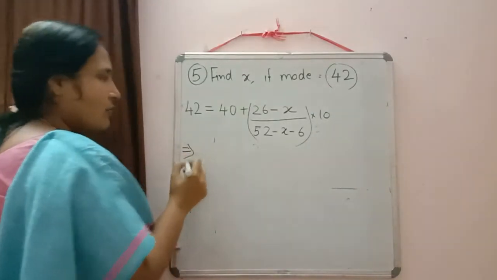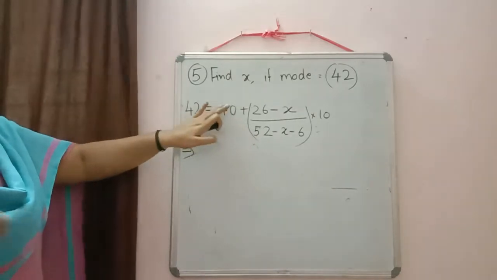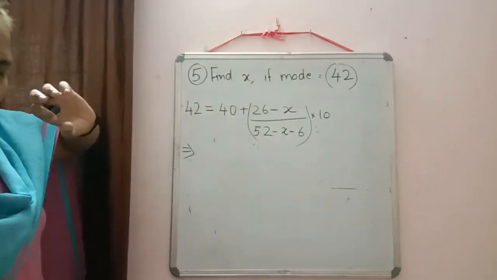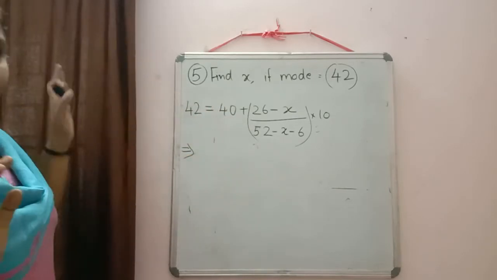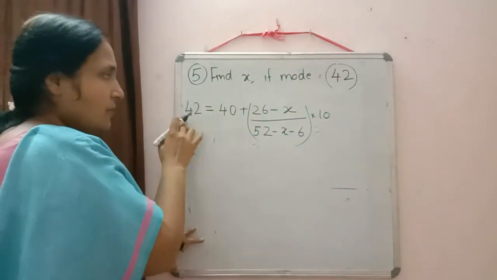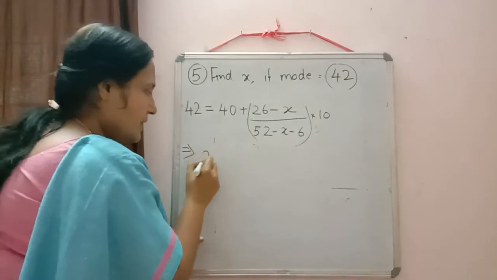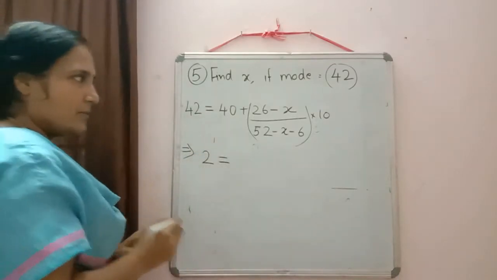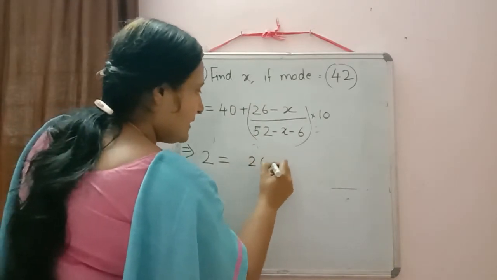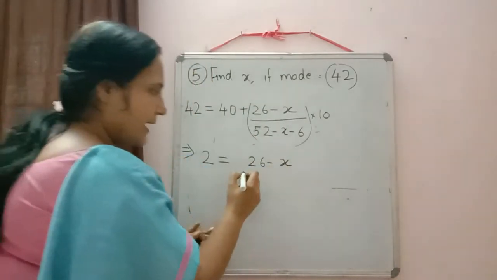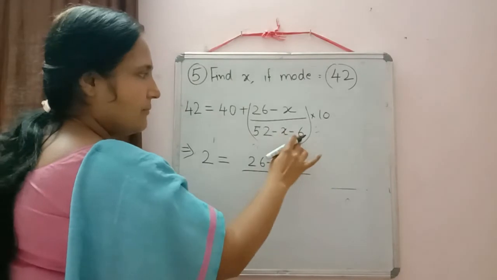Okay. Now how will we calculate? No need of any cross multiplication here. Next easy method is what we will do. We'll shift 40 to the left hand side. Then 42 minus 40, so that will be equal to 2, is equal to. Here also no need to do the multiplication. 26 minus x by 52 minus 6.